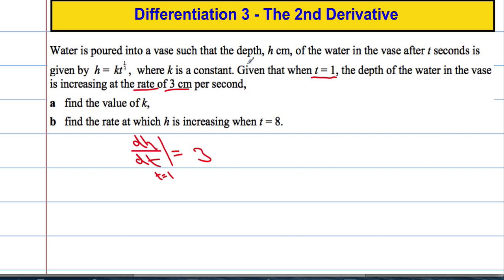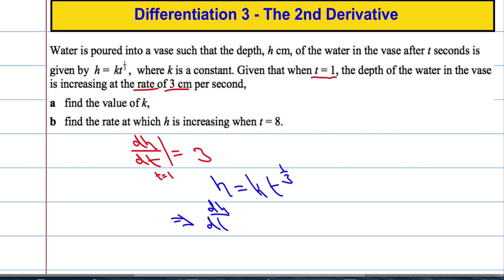Because it tells me that when t is equal to 1, the depth of the water in the vase is increasing at a rate of 3 centimeters per second. So the rate of change of the depth with respect to time is 3 when we evaluate at t equal to 1. So see if we can work out k now. h equals k t to the power of a third implies dh dt.